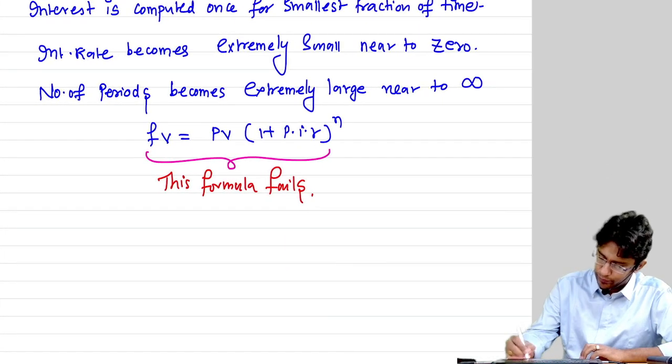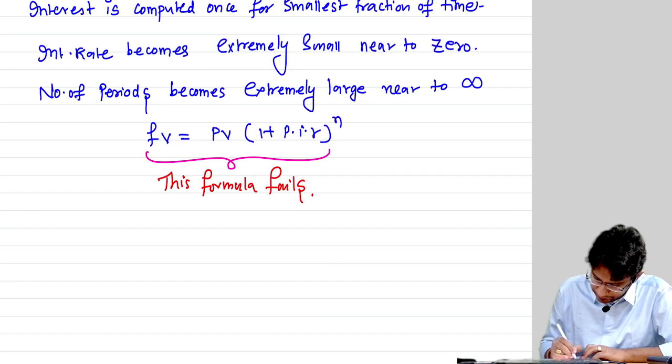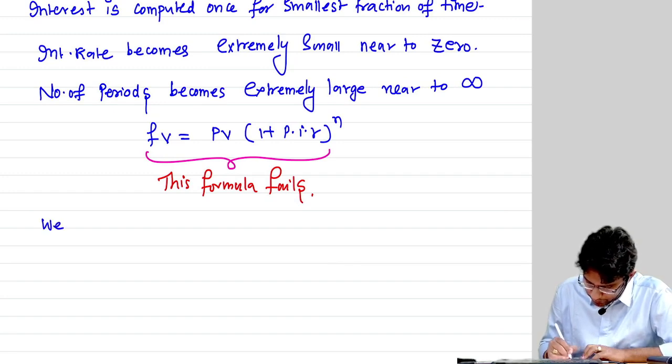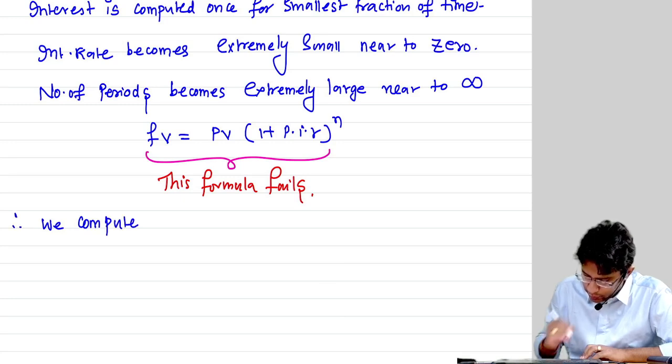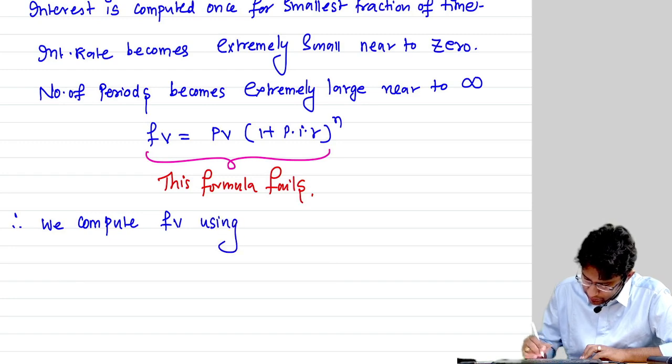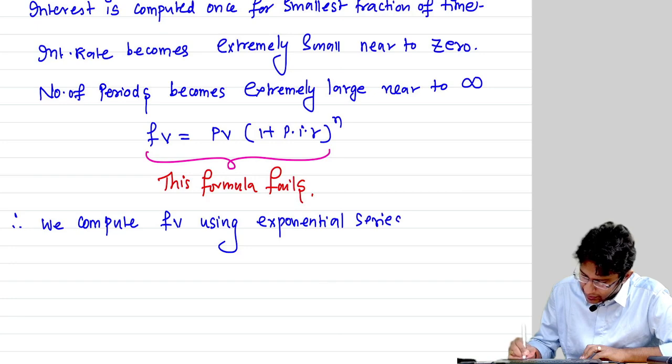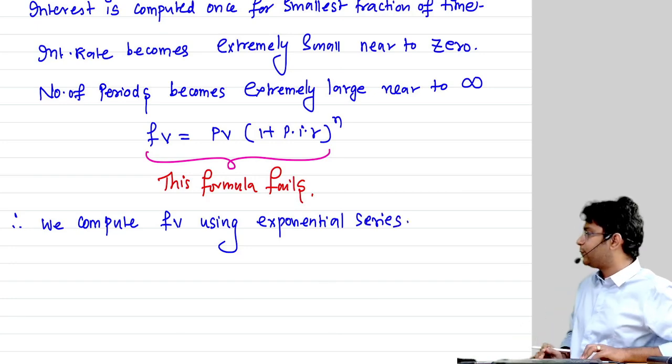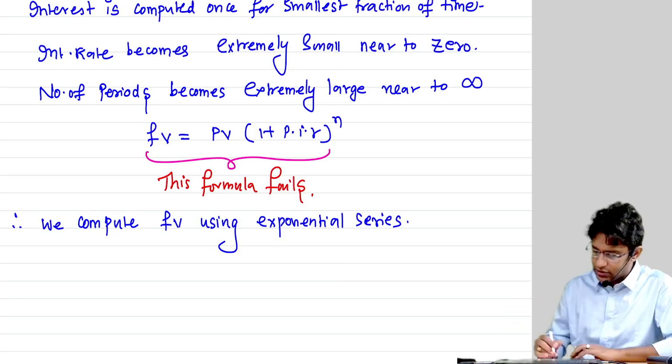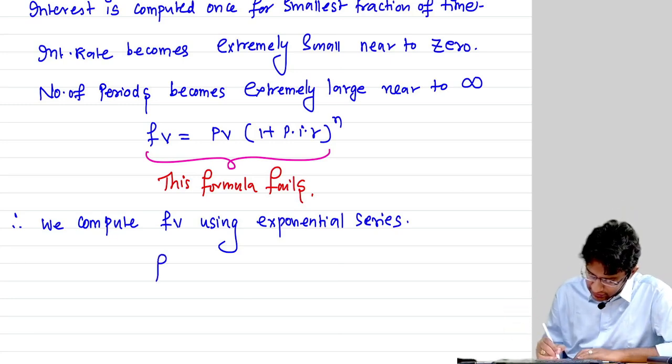So then what to do? We compute future value using the exponential series. This is a mathematical application, sir. This is called the exponential series. And consequently, your formula will get modified like this.